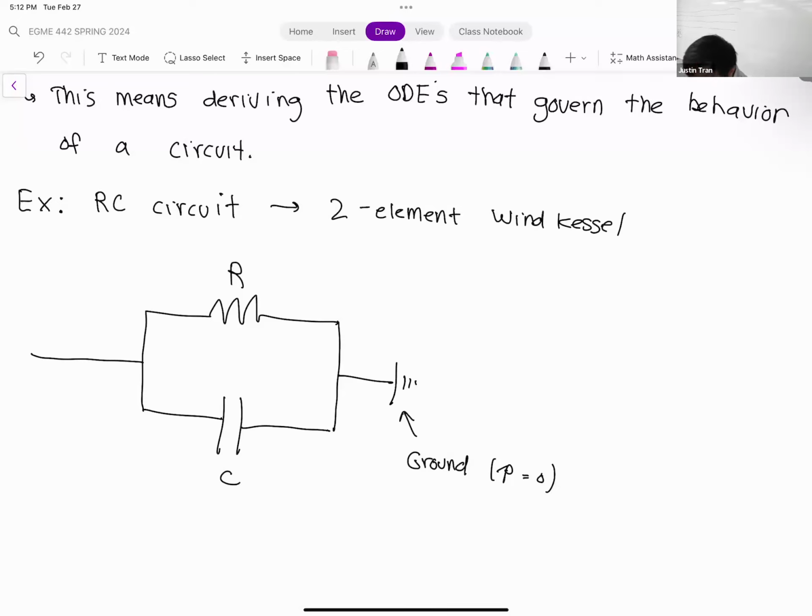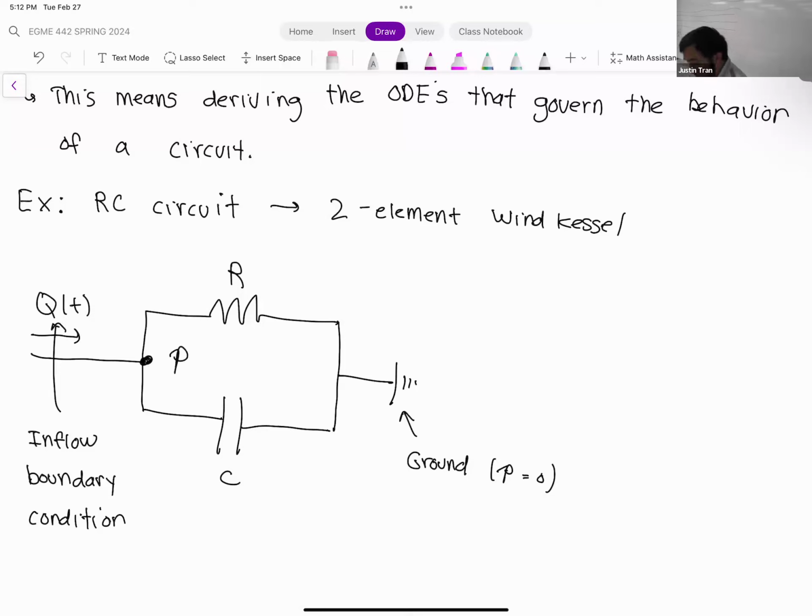Of course we need our pump, and so our pump is going to be given as an inflow boundary condition. We're going to say that we have Q of T. So this Q of T here is our inflow boundary condition. And then at this junction right here, we have a pressure.